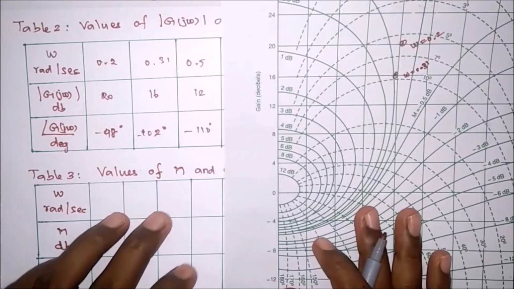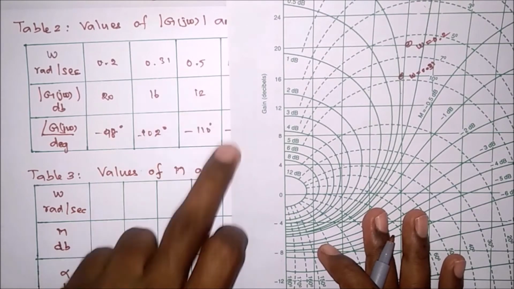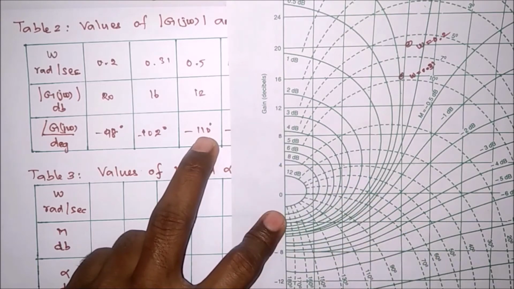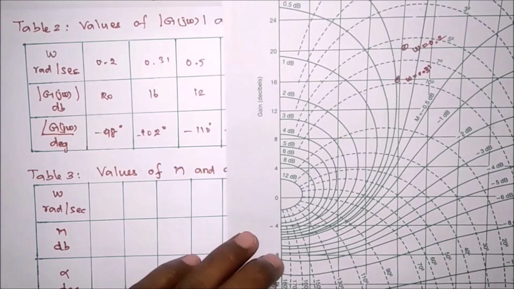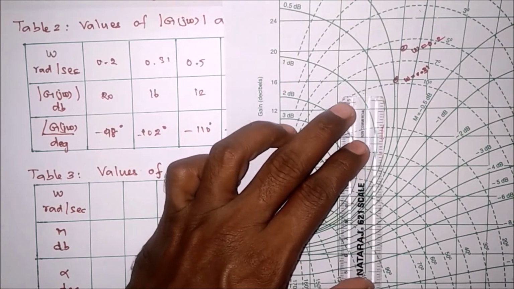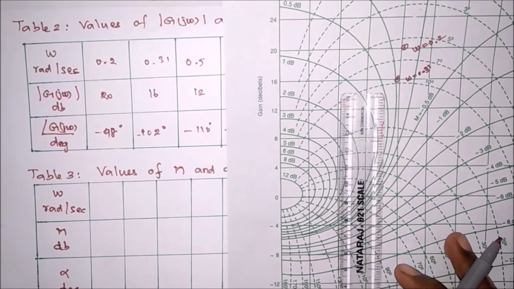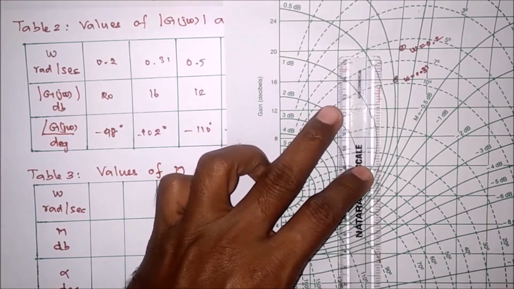Then next, 12 decibels, then the angle is minus 110. This is the 12, this is 100, this is 120, and in between is minus 110. So now this is minus 110, then 12.